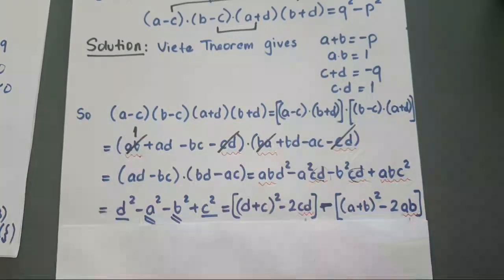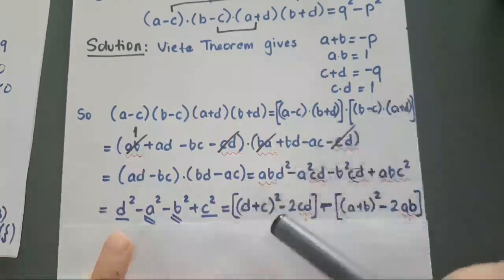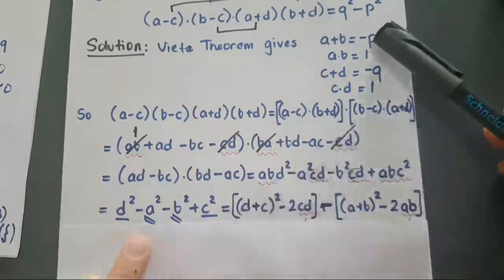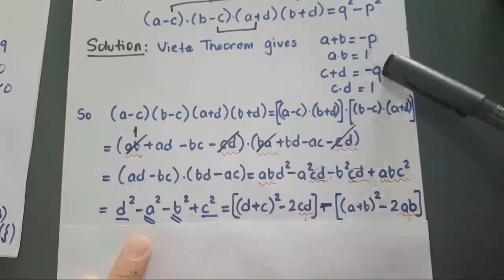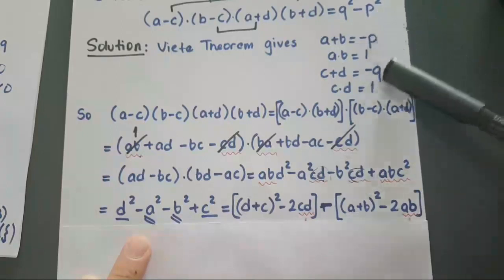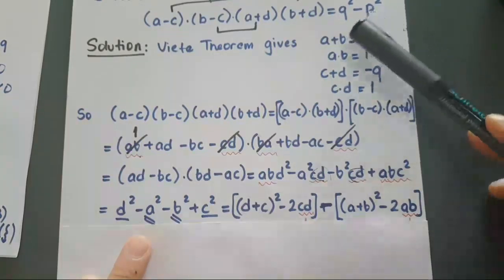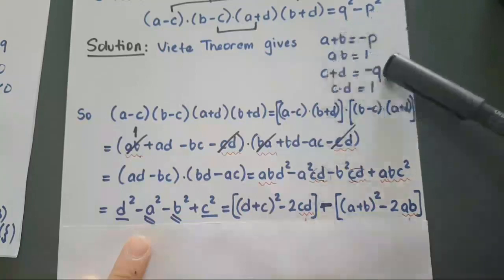I'm supposed to write the left side of the equation in terms of the sums of the roots, which are P and Q. Here A plus B is minus P, C plus D is minus Q. How can I write it in that form?